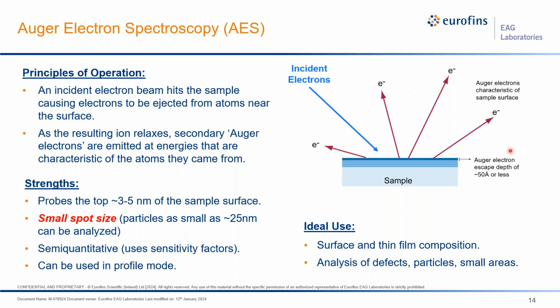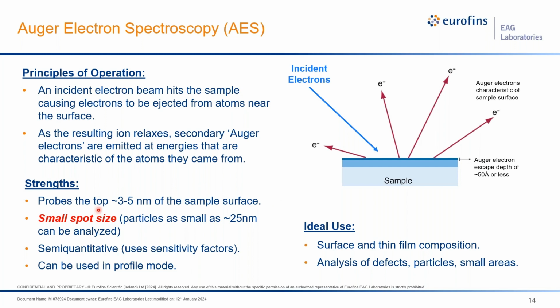It's a somewhat different process causing electrons to be ejected, but still the energies of these electrons are characteristic of the element they came from. Because electrons can be focused to a much smaller lateral area than X-rays, Auger is particularly useful for analyzing defects, particles, small areas such as bond pads or traces, things of that sort.